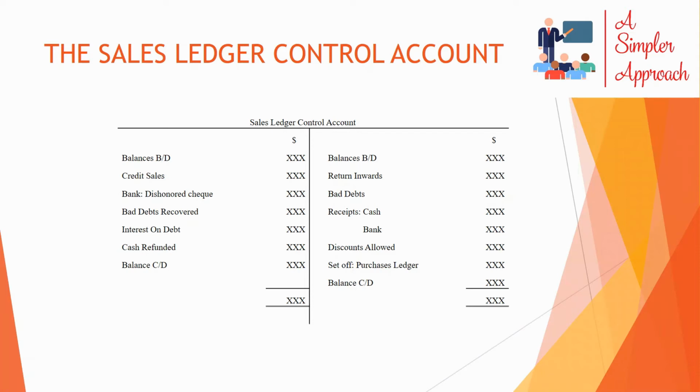Now finally, set off. Set off is a situation where it is possible for us to buy from our debtors and sell to our debtors. Now, instead of selling to our debtors and collecting money, and then when they purchase from us, we are paying them, we just have what is called a trade-off.